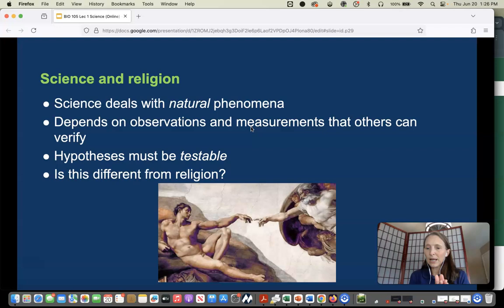We can't do that because it is bound by these limitations of science, of what we have at this point in time to be able to test and experiment with these hypotheses. That's not to say that in the future we won't develop technology that is able to test that further. But at this point in time, there is no way for us to test religion within the boundaries of science.